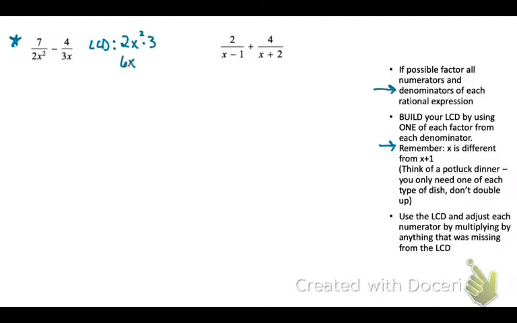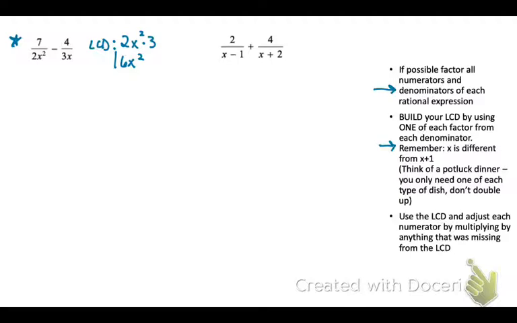Now the one on the right, I need a 3 and an x. But I already have an x, it's contained within the x squared. So I don't need to put another x down. So now I'm going to multiply that 2 and 3 together to get 6. So 6x squared is my least common denominator that contains all the factors from each of my original denominators.